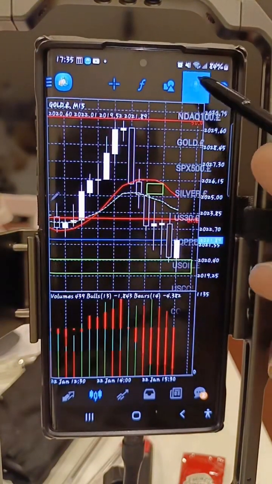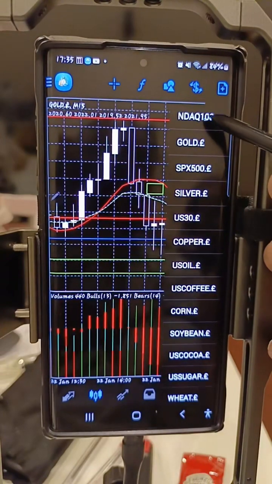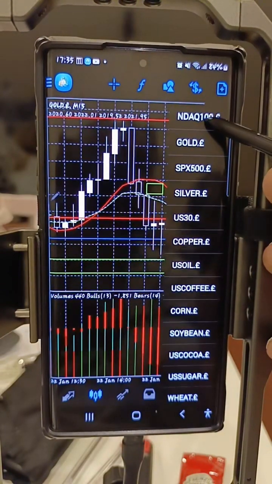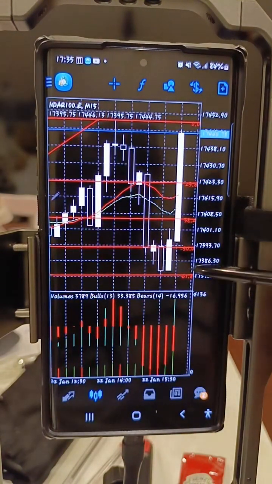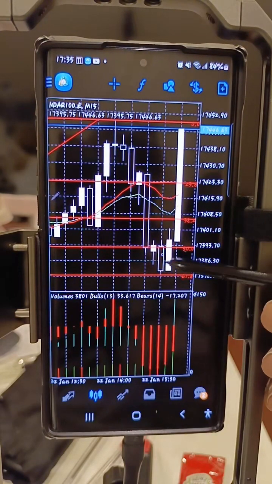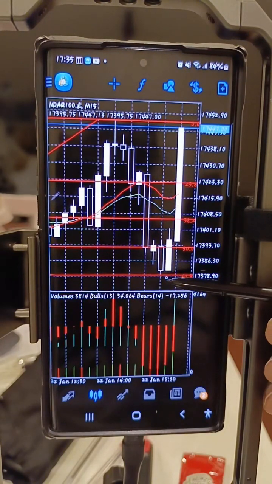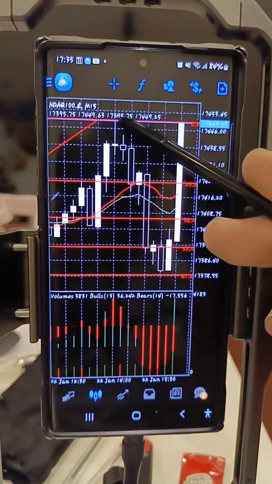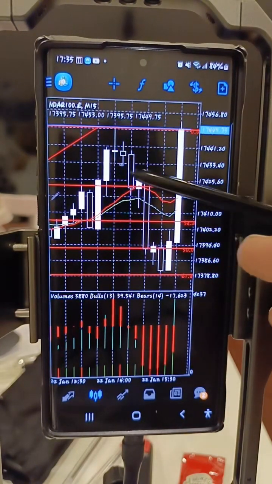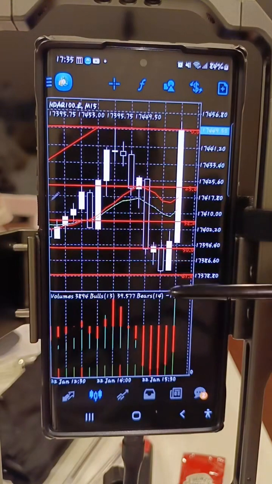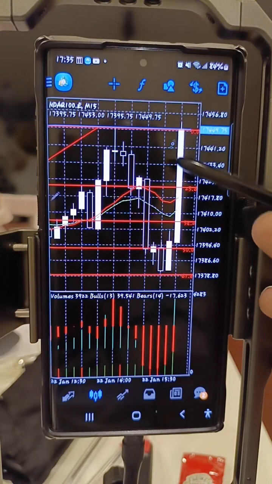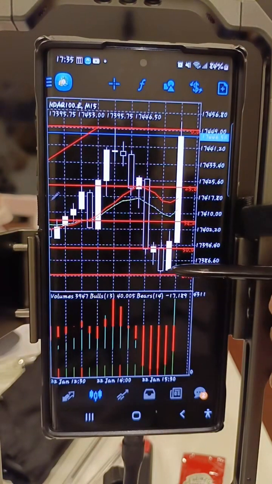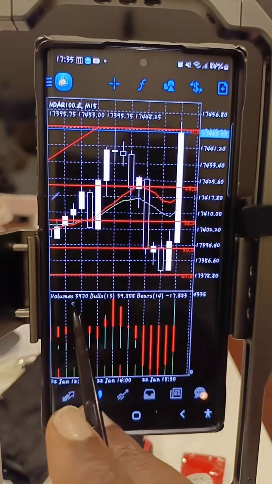Okay. If I move on and look at NASDAQ, that was the next one we were looking at. Nice. Look at this. Right here, you can clearly see all the work that the buyers and the sellers did. Look at the volume.